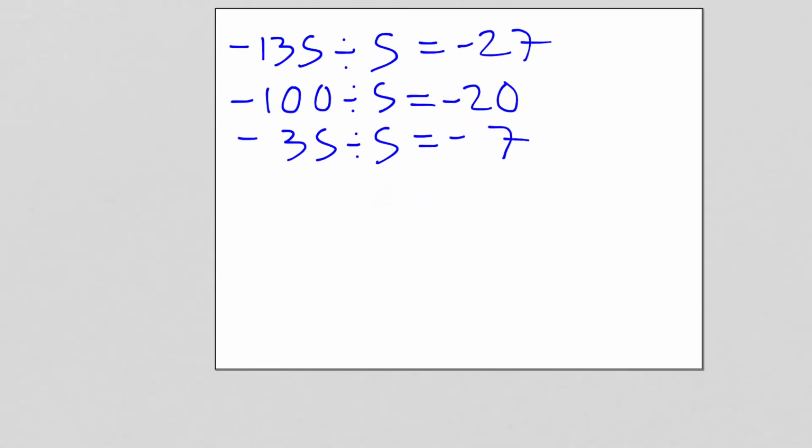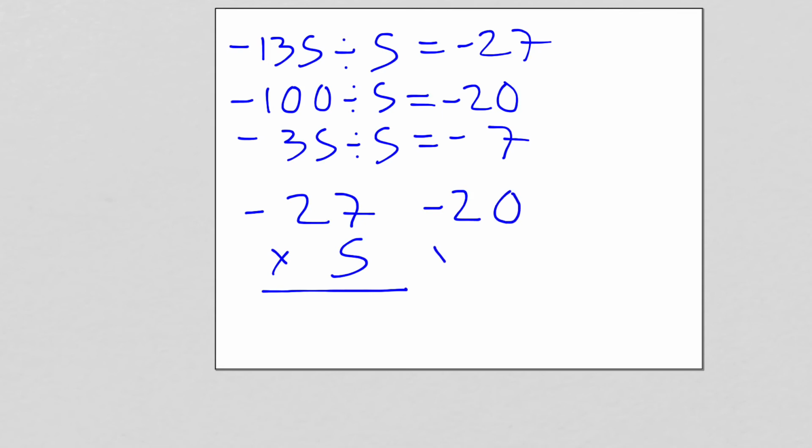Okay, so negative 27 multiplied by 5. Well, I might think of this as negative 20 times 5 plus negative 7 times 5.